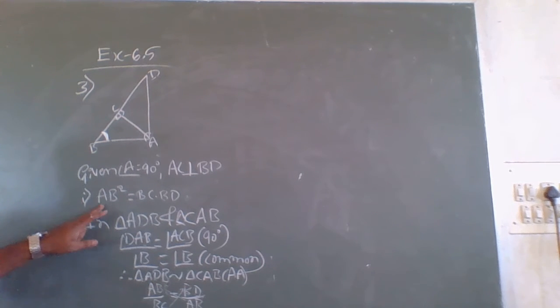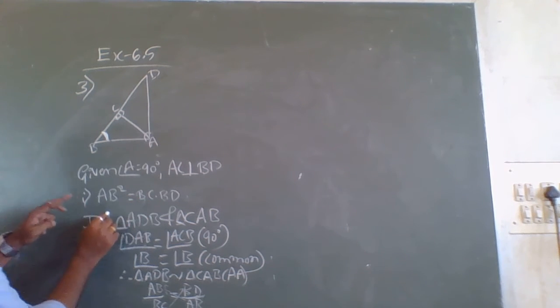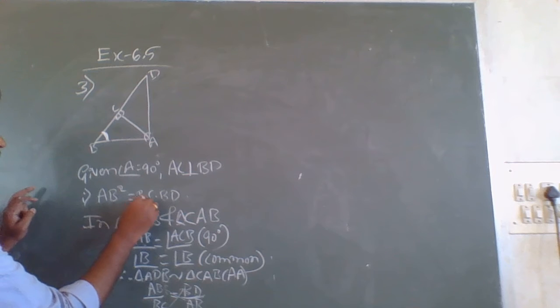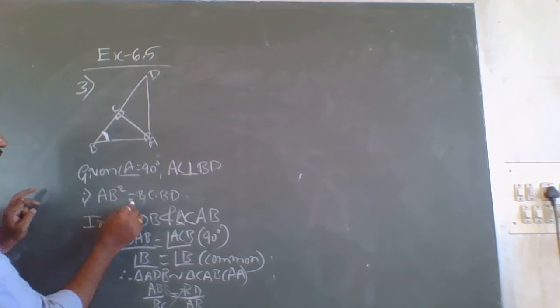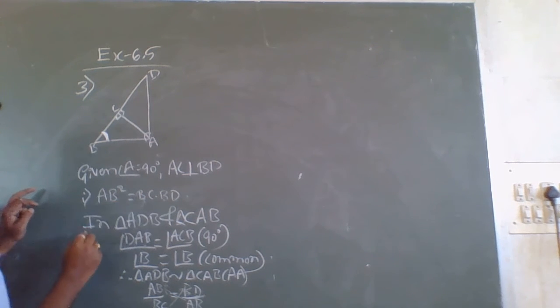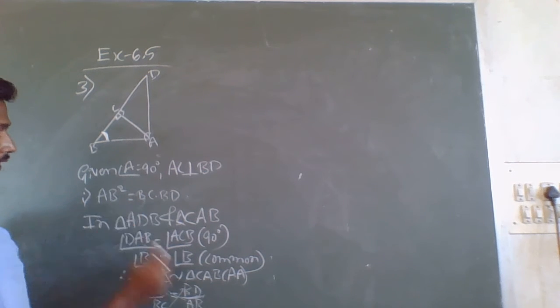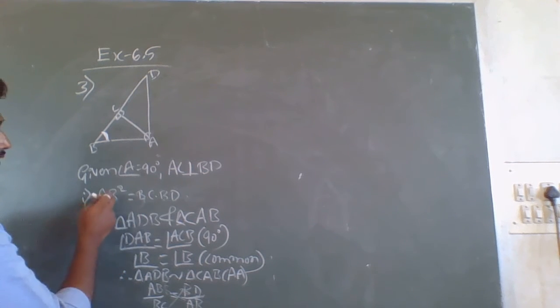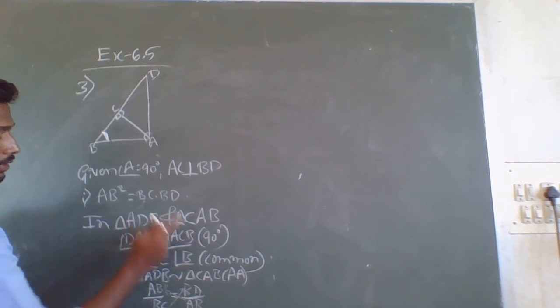So first, below AB, I consider this BC. When I take this BC to the left side, it becomes the denominator. Therefore AB by BC equals BD as it is, and I will consider AB as the denominator of BD.